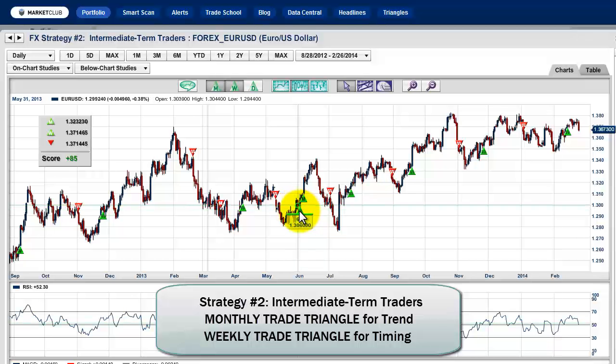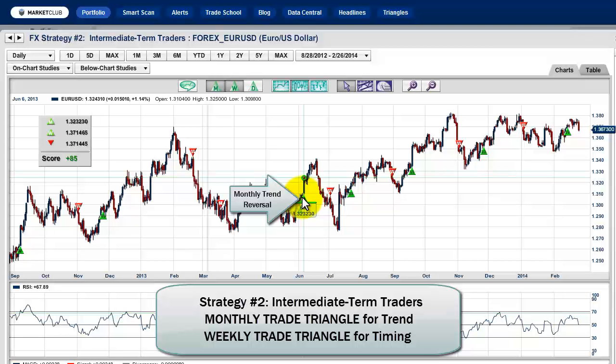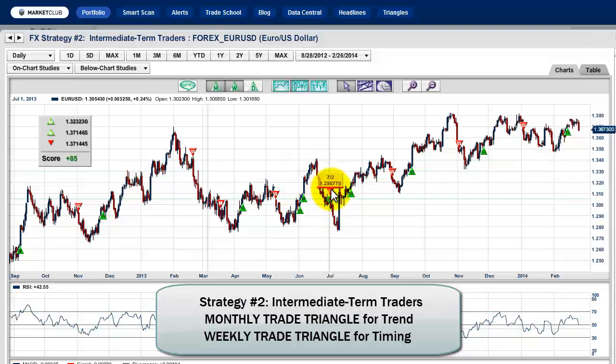So after we started out so well, we've had a couple of losses, and then we get a monthly reversal here. Now this is a monthly reversal on June 6th at 132.32. The market moves up dramatically, comes right back down. We get stopped out for another loss of 245 pips. That's rather unusual. So anyway, we know the trend is up based on a monthly trade triangle.